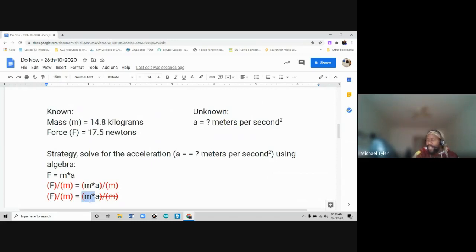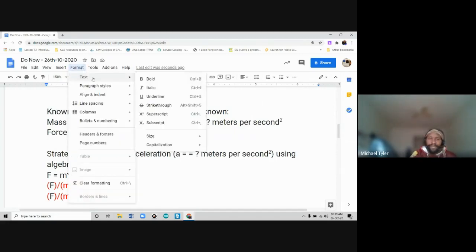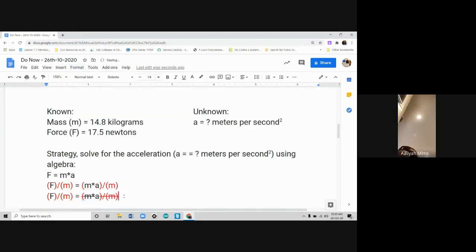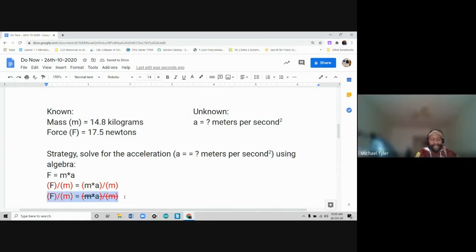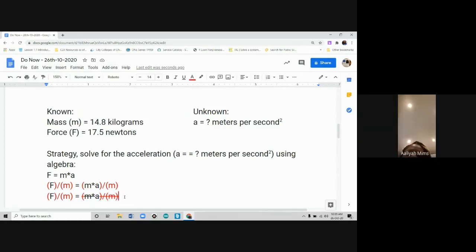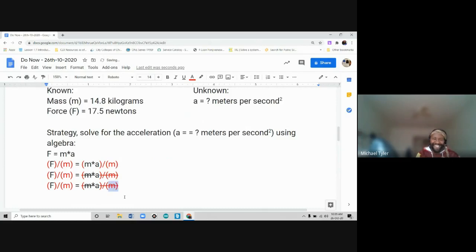Leah, what is Leah divided by Leah equal to? Let me catch somebody else off guard. This is for 20 points if you can get it right.